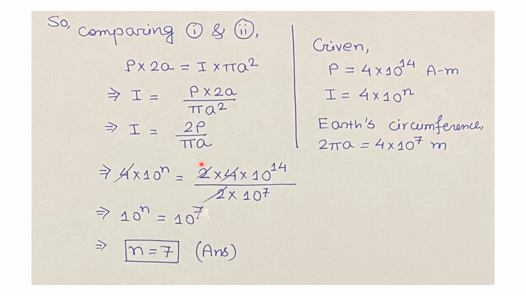We get 4 × 10^n equals 2 times 4 × 10^14 divided by 4 × 10^7. Here the 2 and 2 cancel out from the numerator and denominator, and the 4 cancels out from the left and right sides. Effectively we get 10^n equals 10^7. So the value of n is 7 for this question.